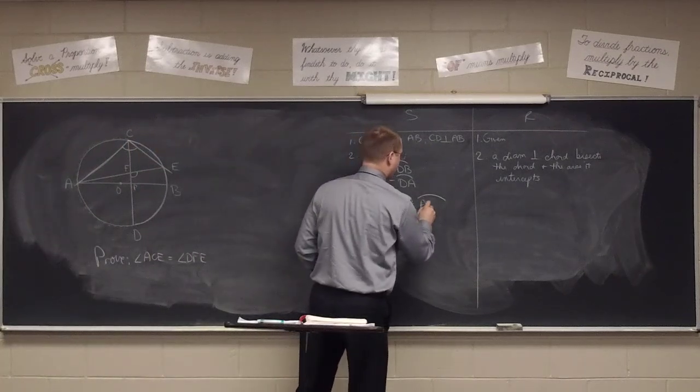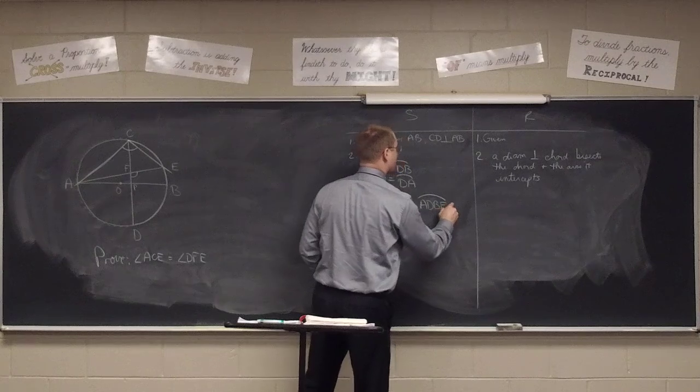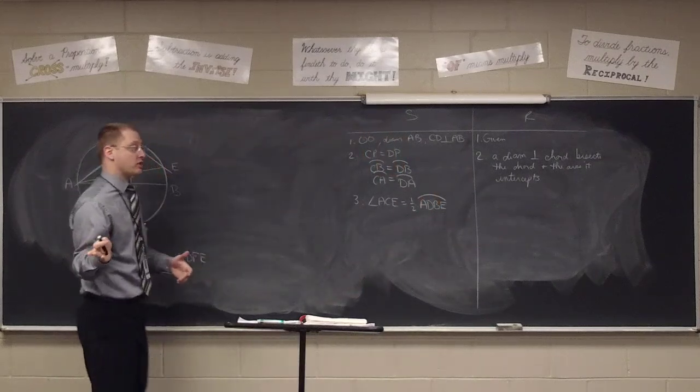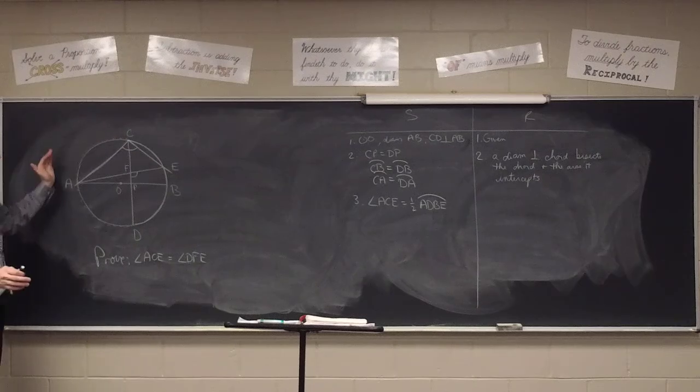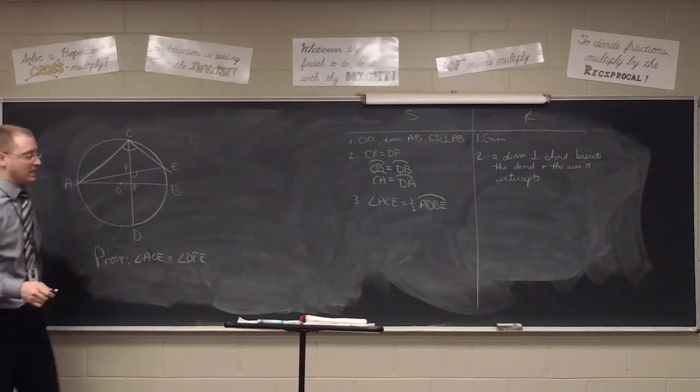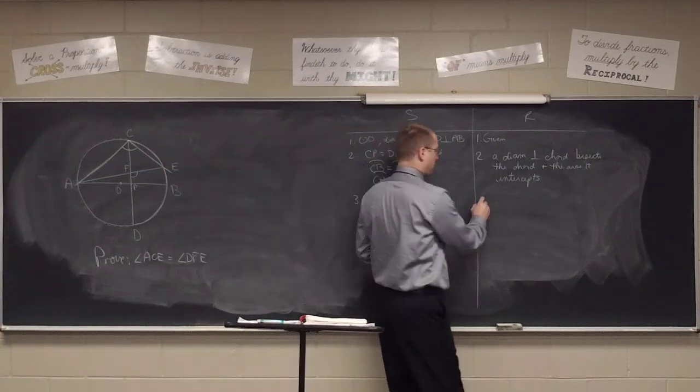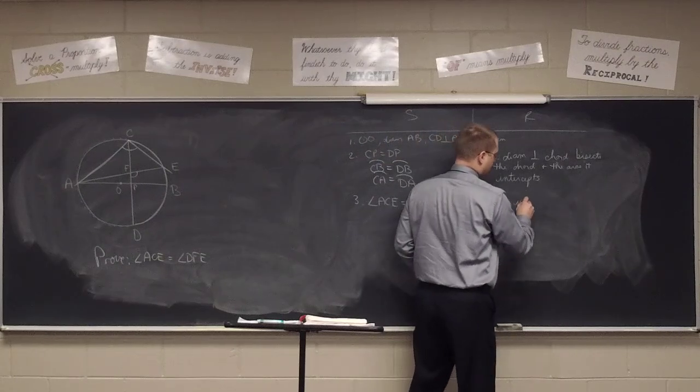And I'm going to use all four letters because it is a major arc, isn't it, class? It's bigger than the semicircle, so I need to use multiple letters. If I just said AE, that would be implying the ACE arc, and it's ADBE. And we know that an inscribed angle equals half its arc.